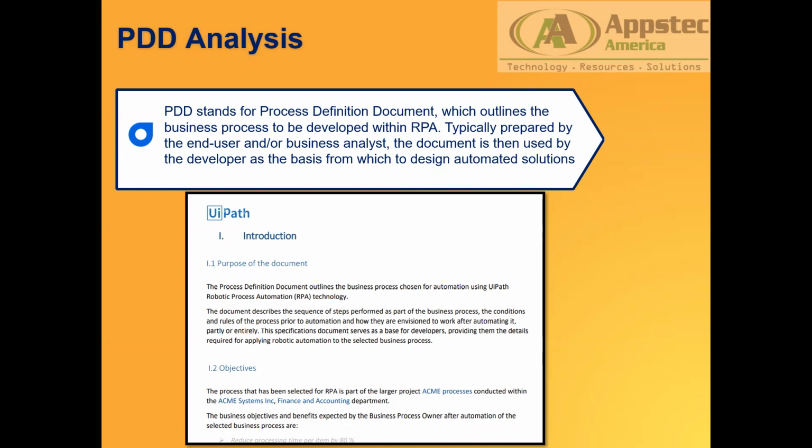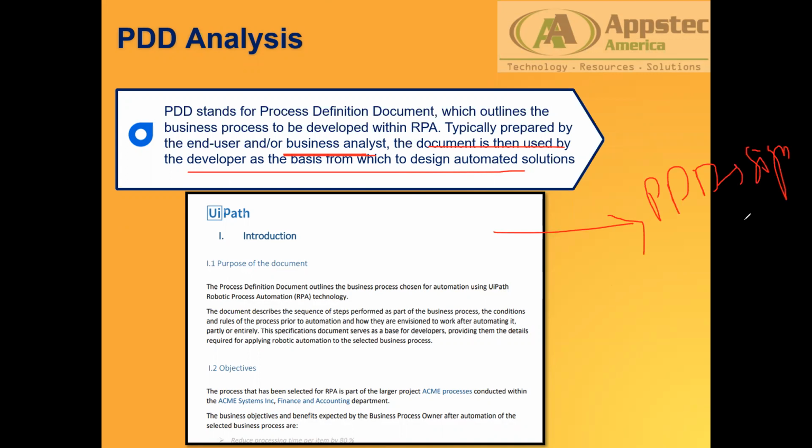Typically prepared by the end user or business analyst, but trust me, it's the business analyst who creates the PDD. The document is then used by the developer as the basis from which the automation solution is designed. So based on whatever we decide or put down in the PDD, as I said in the previous sessions, this PDD once done needs to be sent to the client for sign off, so that the client cannot come back tomorrow and say, you know what, I did not say this requirement, or what I said, you misunderstood me.